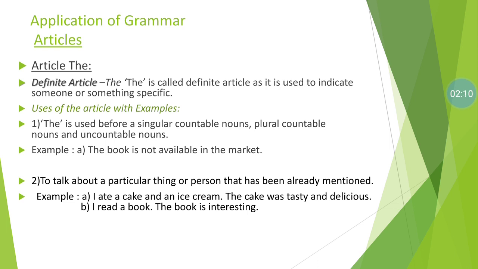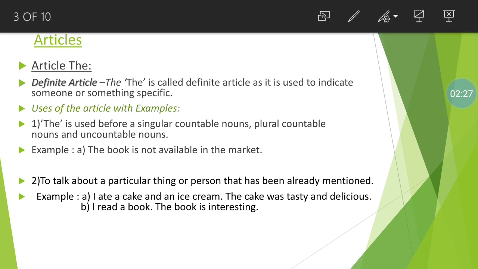We know that the is called a definite article because it gives specific or particular information about an object. For example, I have the red color pen. In this example, I have a pen, but what is the color of the pen?